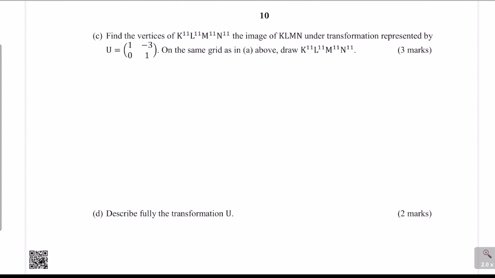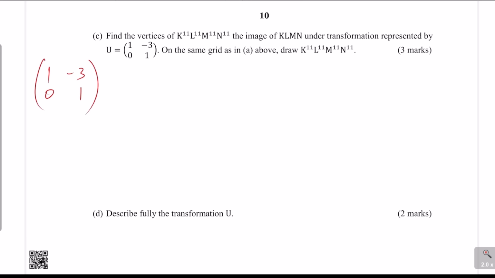Find the vertices K double prime, L double prime, M double prime, N double prime, the image of K, L, M, N under a transformation represented by U on the same grid. Draw it. So you have this matrix U that is transforming: 1, 0, -3, and 1.